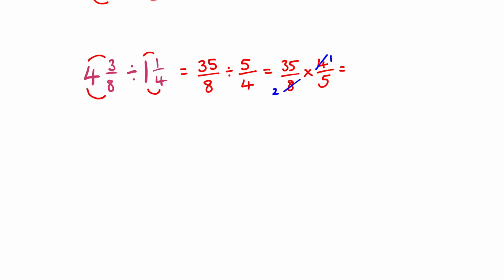And then looking at the 5 and 35, we've got the 5 times table, 1 and 7. So when we multiply, we've got 7 times 1 is 7, 2 times 1 is 2, and if we wanted to write that as a mixed number, then we can do 7 divided by 2 is 3, with 1 left over. So it's the same as 3 1/2.